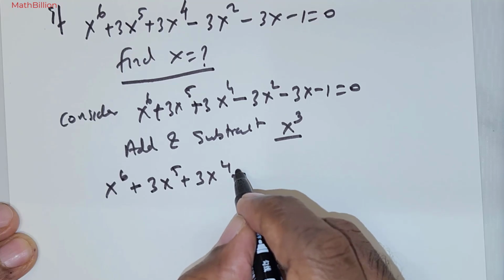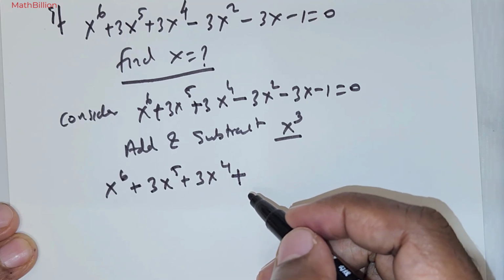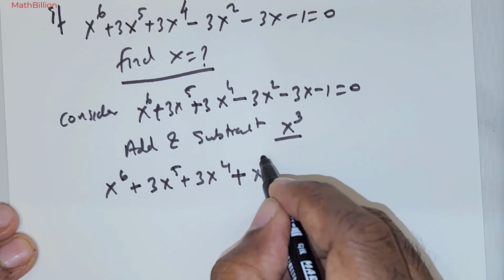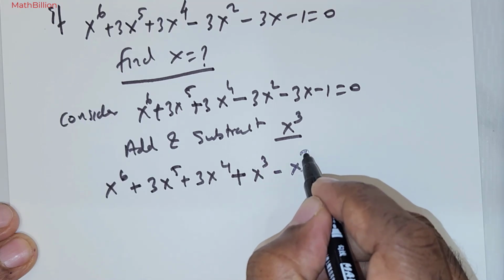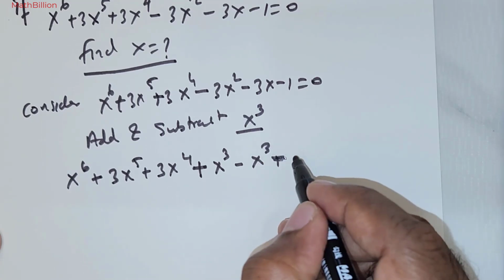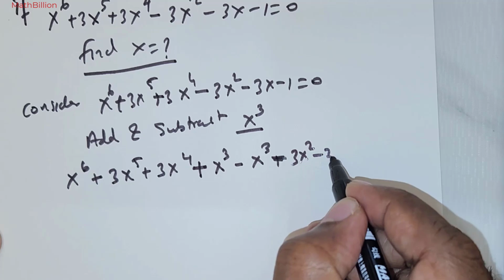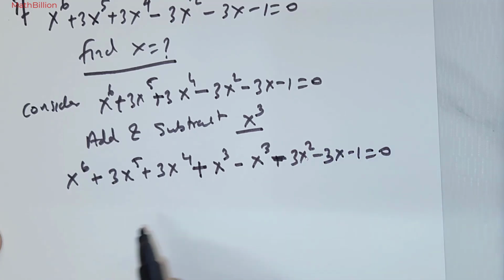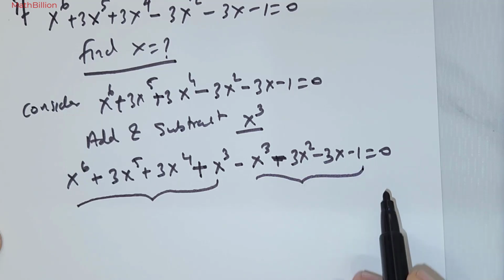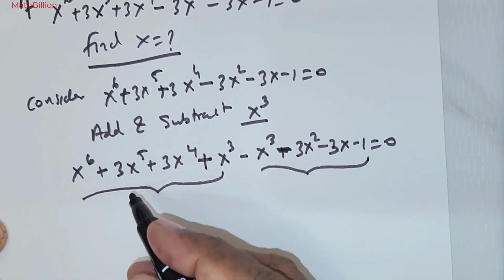Now this is going to be positive x^3 and negative x^3, followed by -3x^2 - 3x - 1 = 0. So I'll club all this on one end and the others on the other side.